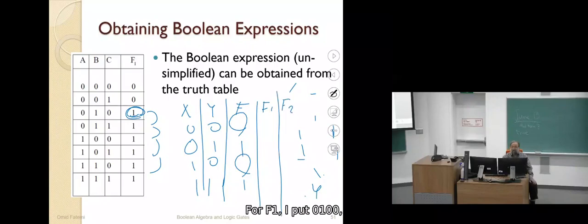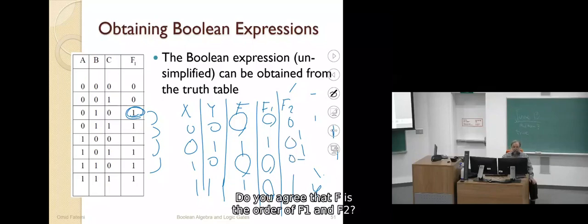For f1, I put 0, 1, 0, 0. For f2, I put 0, 0, 0, 1. Do you agree that f is the OR of f1 and f2? Because f is 1 only in this and this position. f1 is 1 here, f2 is 1 here. So if we OR them together, then we have f.